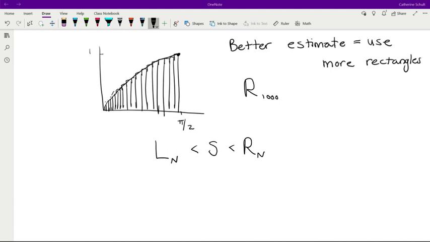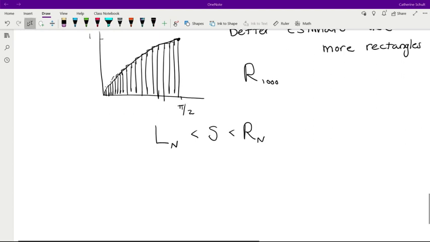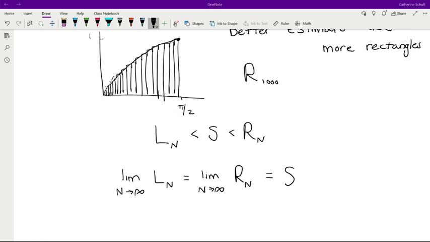And now all these rectangles are going to get closer and closer and closer to the curve the bigger n gets, okay? So what we're going to see is that the limit as n goes to infinity of L sub n is equal to the limit as n goes to infinity of R sub n. And this is going to equal S. That's going to equal S.